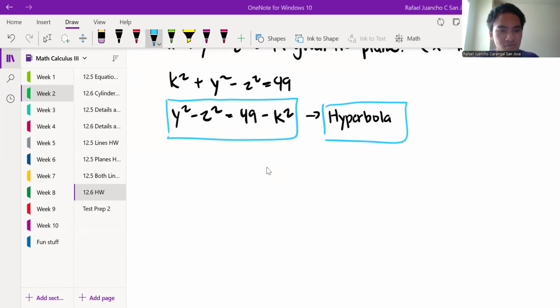So if I put that in, knowing that this is a hyperbola, y squared minus z squared equals 49 minus k squared.